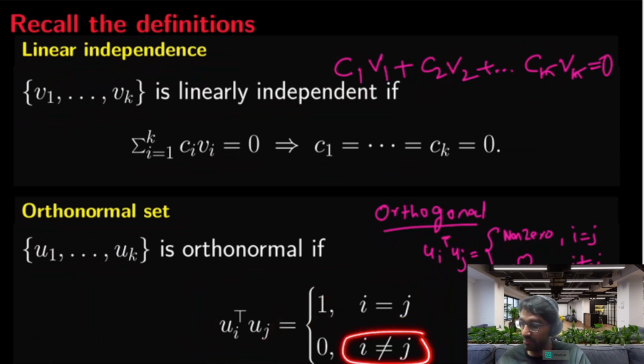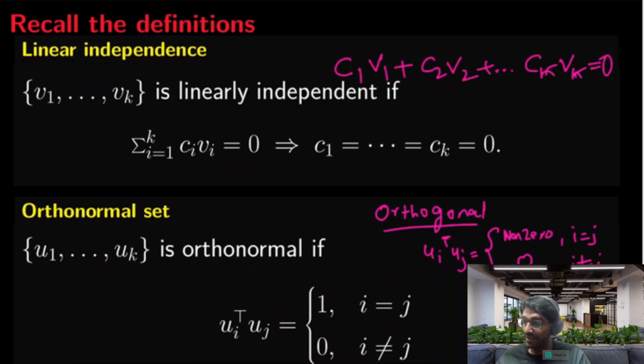What it means is that if we take a dot product of any vector with any other vector, then we get 0. And if we take the dot product with itself, we get 1. So if this property is satisfied for all the vectors, then we say that the set is orthonormal.